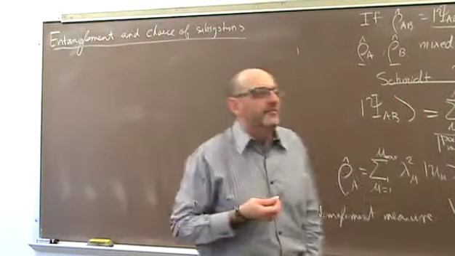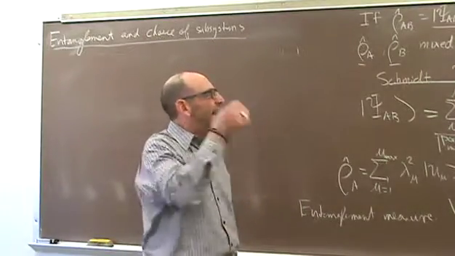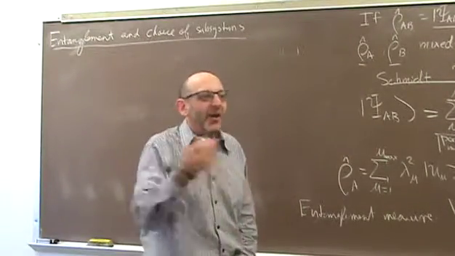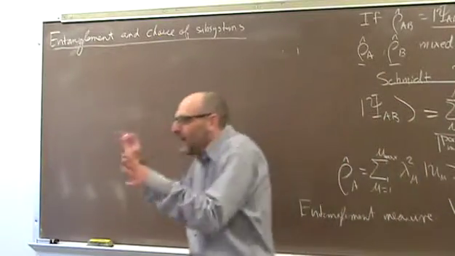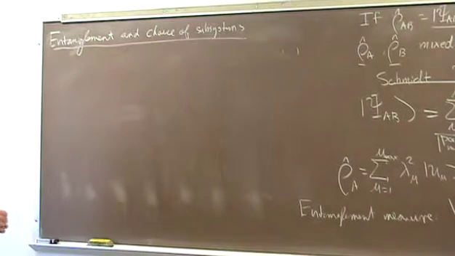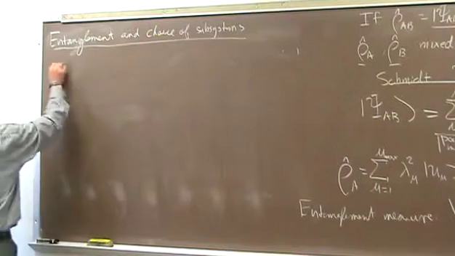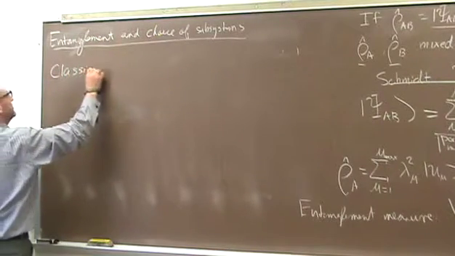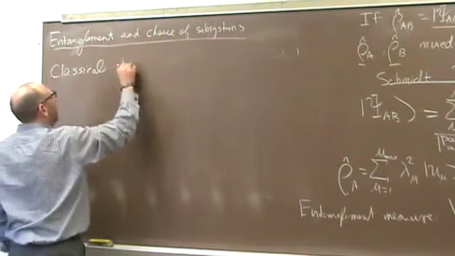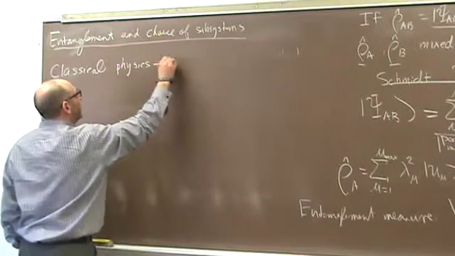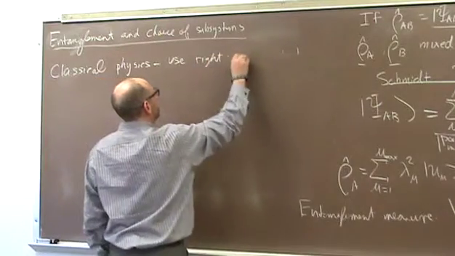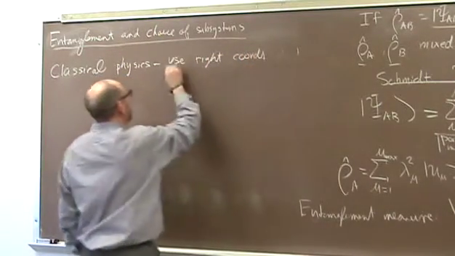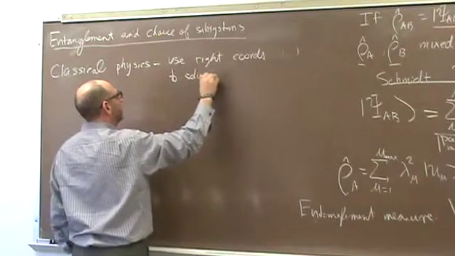In fact, the formal theory of Hamilton-Jacobi theory is all about choosing the right coordinate system such that you can automatically see that it's integrable. But something maybe more familiar is that in classical physics we have examples of using the right coordinate system to solve the problem easily.